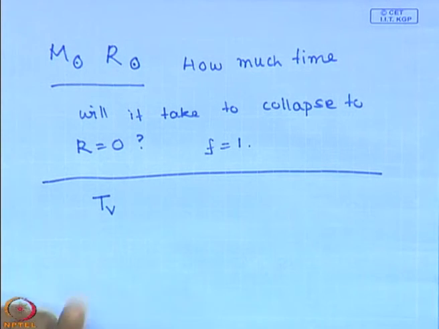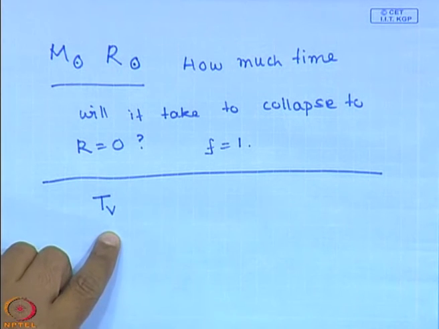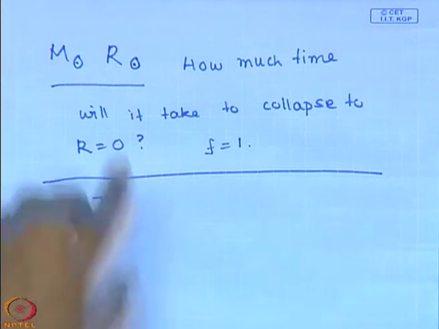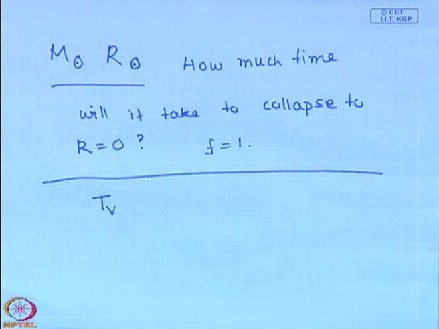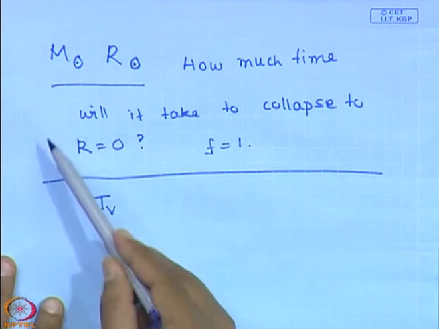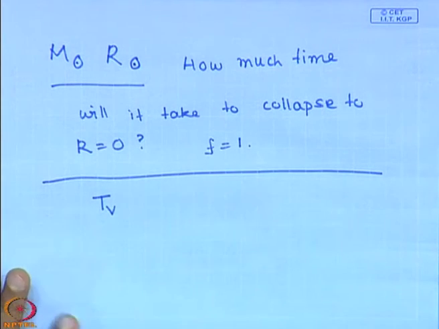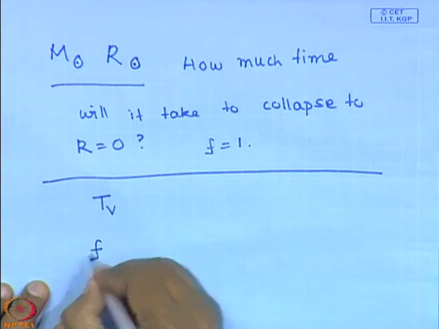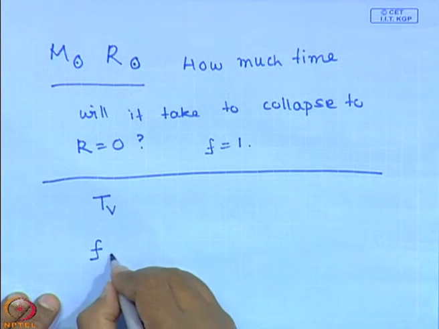If you estimate the virial temperature to start with, you will find that this is much higher than the actual surface temperature of the sun. So, to get an idea of what would happen to the sun, about the Kelvin Helmholtz time scale for the sun, if there was no source of nuclear energy, you would have to change the value of f. Okay. So, change f.